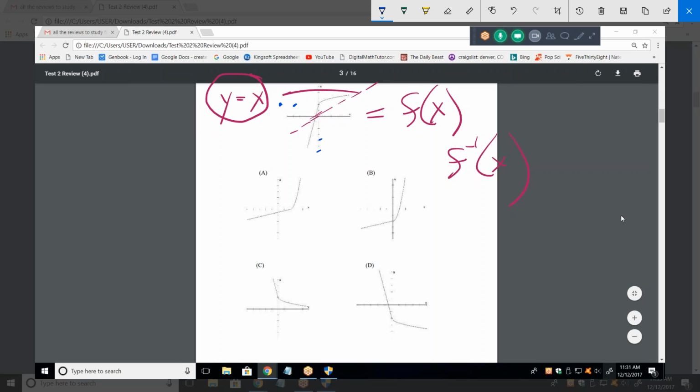Notice I'm reflecting it. And this point right there has to be right there. Hold on. What am I doing wrong here? I'm doing something wrong.